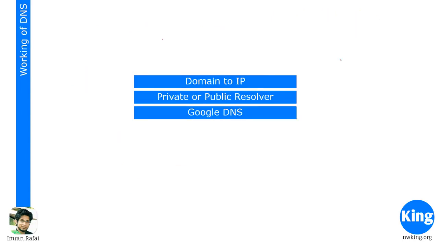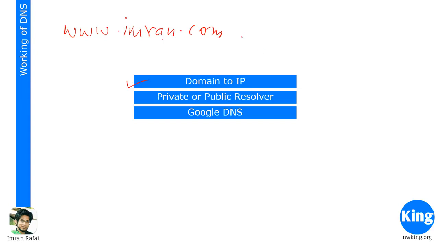Now let's come to DNS. So what is DNS? DNS, or domain name system, is a system where your domain names are converted to IP addresses. Like we said, www.imran.com is something that we all remember. We remember domain names.